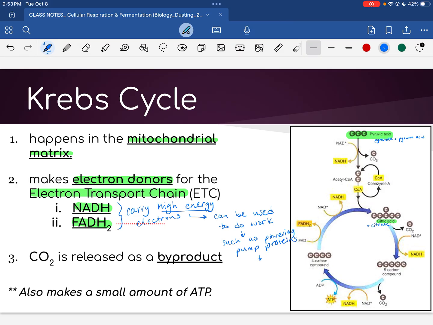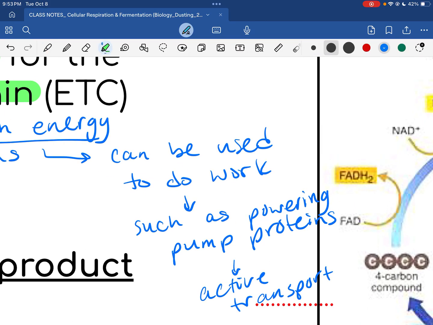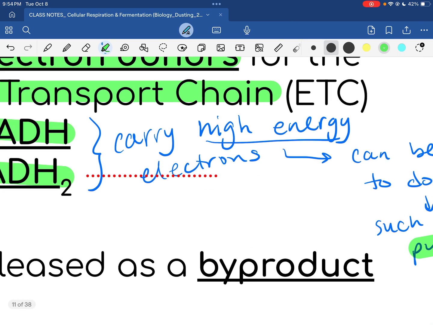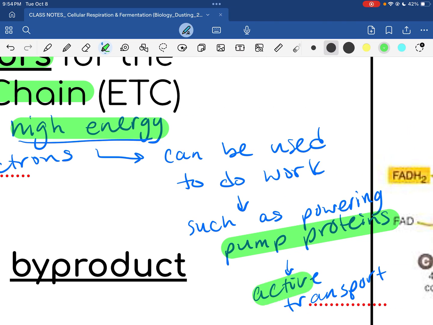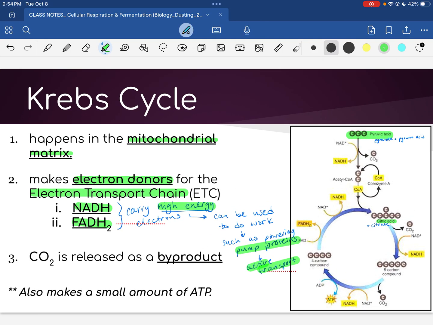Remember, these are for active transport. We've talked about pump proteins before. Often they use ATP as their energy source, but sometimes they can also use high energy electrons as their energy source to power that active transport. So that's just something to keep in mind before we move on to the next part of cellular respiration.